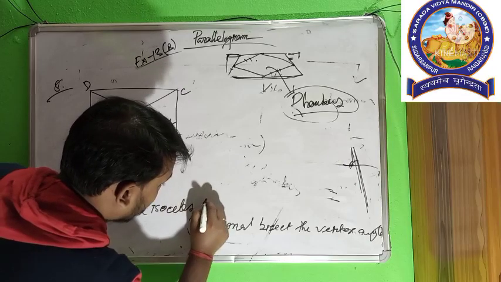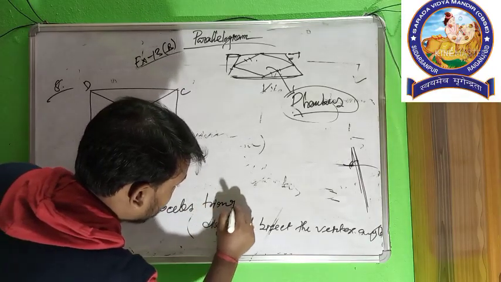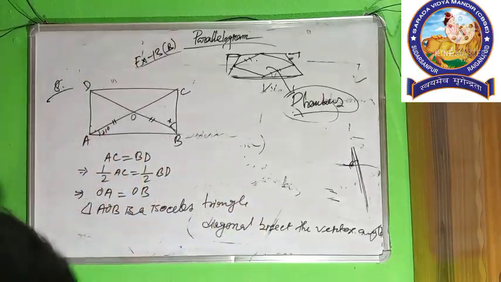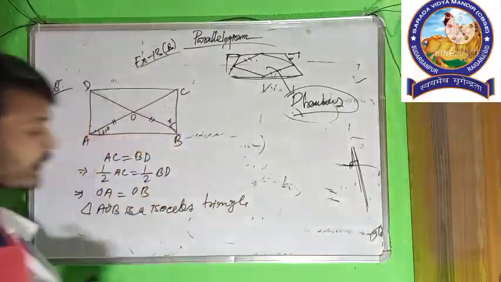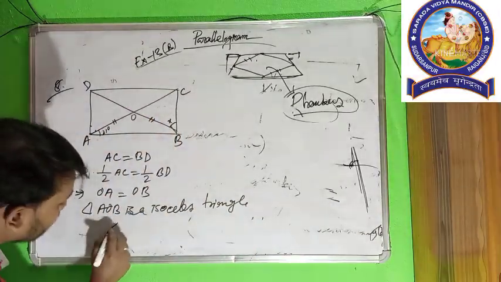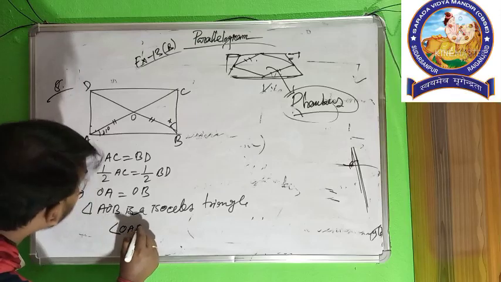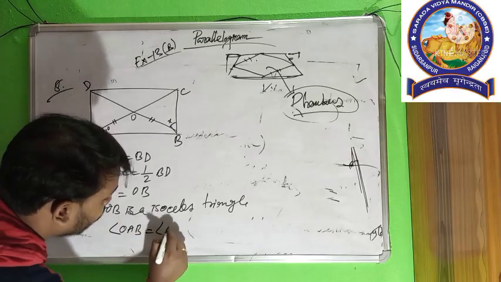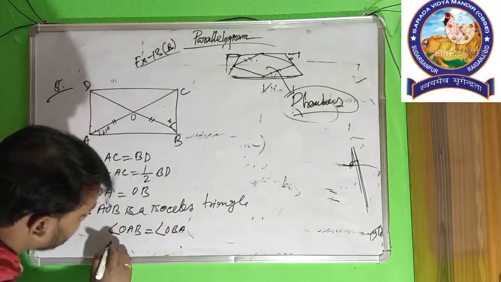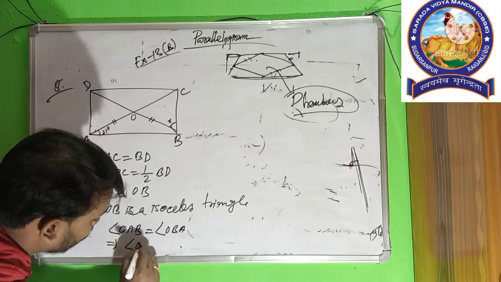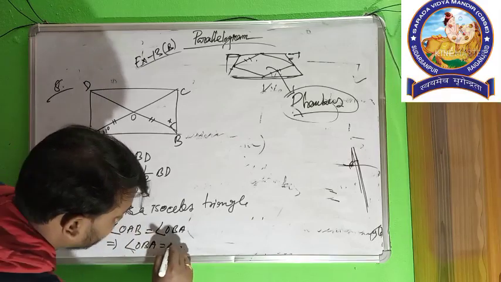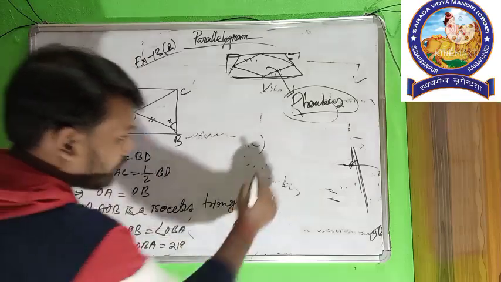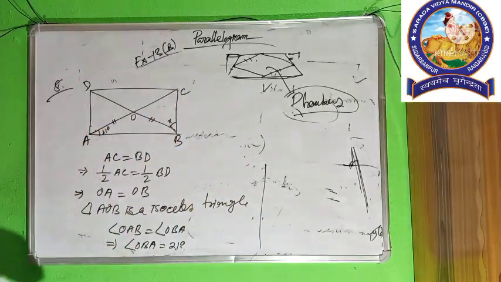In an isosceles triangle, base angles are equal. Angle OAB equal to angle OBA. That means angle OBA equal to 21 degree. Now each angle of a rectangle is 90 degree.